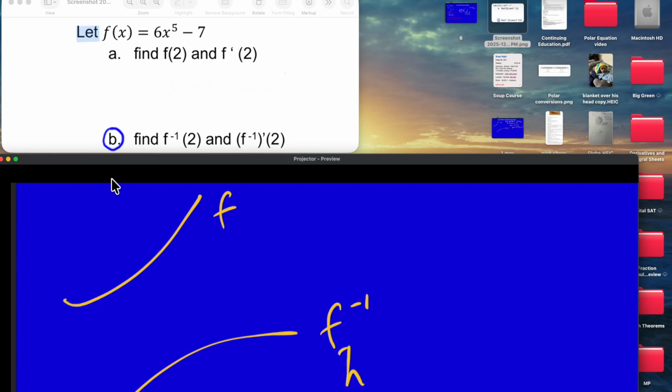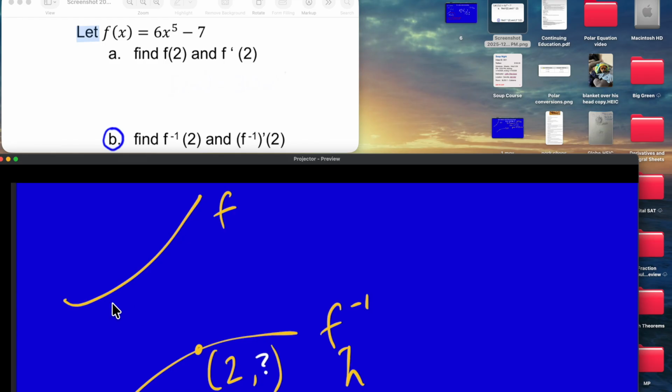Okay, so what they want is f inverse of 2. So that means we're going to have an input of 2 on the inverse function. Now, they want this value. Okay, we don't know what that is because we don't have the inverse function. But here's what we do know.